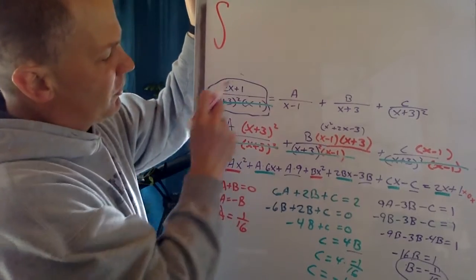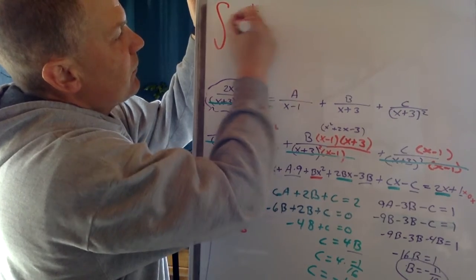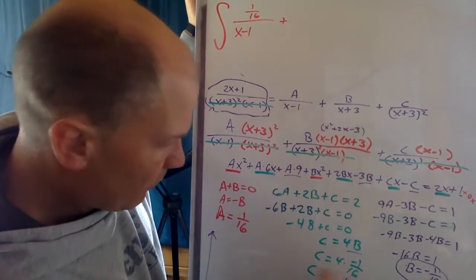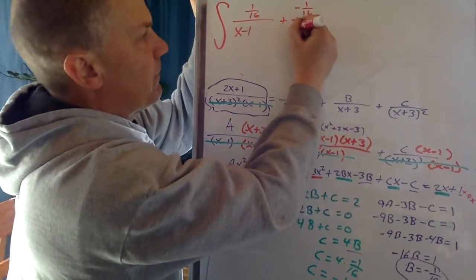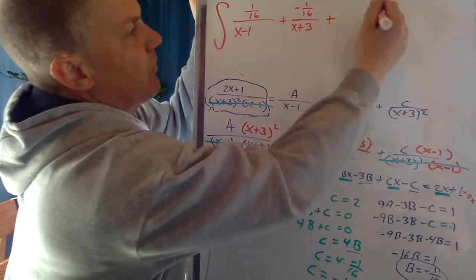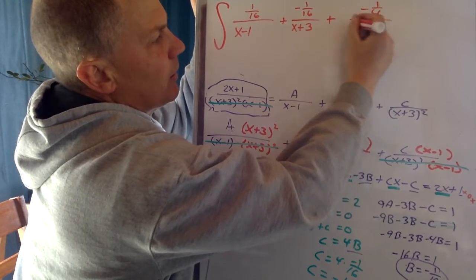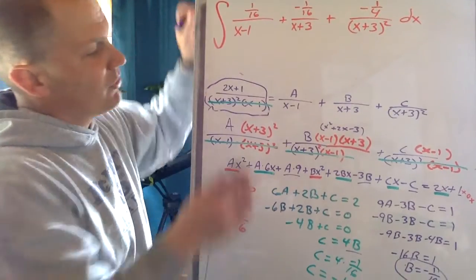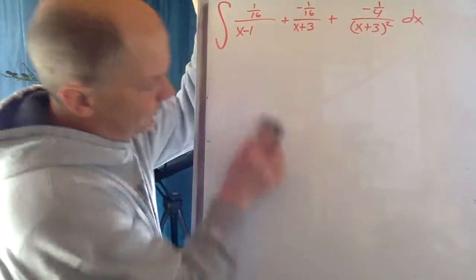So what I had there, the integral of this, is really now the integral of 1 over 16 over x minus 1, plus the integral of b, which is negative 1 over 16, over x plus 3, plus the integral of c, which is negative 1/4, over x plus 3 squared dx. Phew! This is an easy integral to solve. Maybe you should hit pause and give it a try, but this is an easy integral to solve.